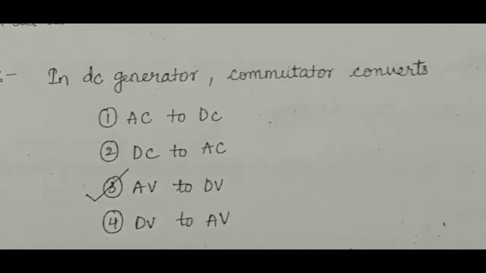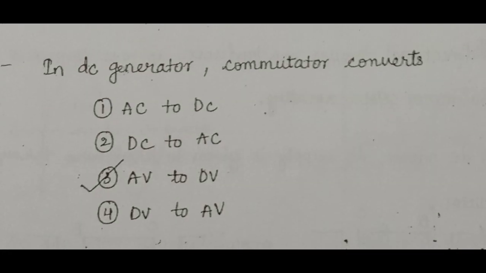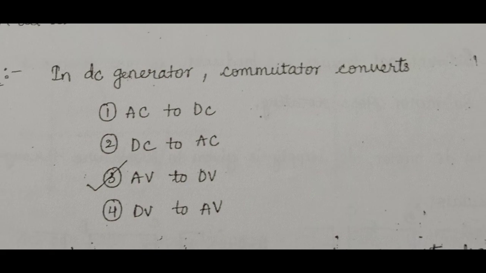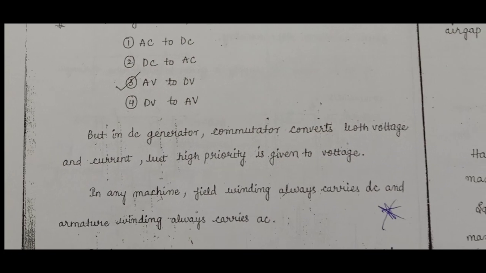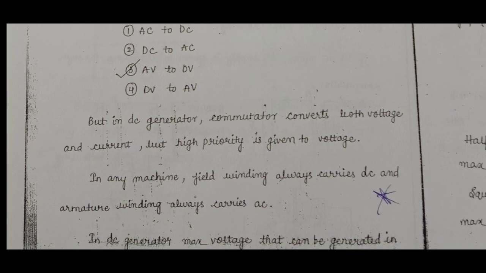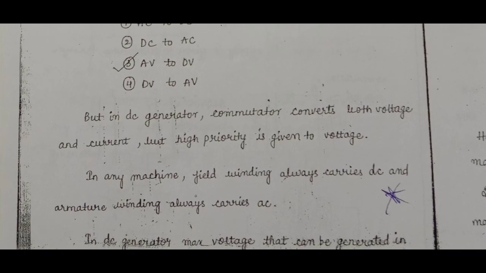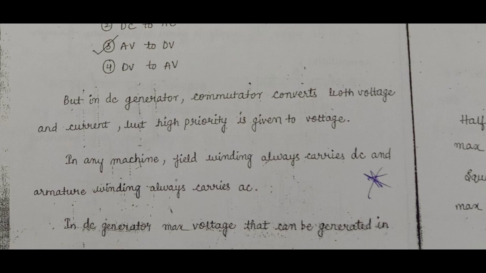In a DC generator the commutator converts both voltage and current, but high priority is given to the voltage.